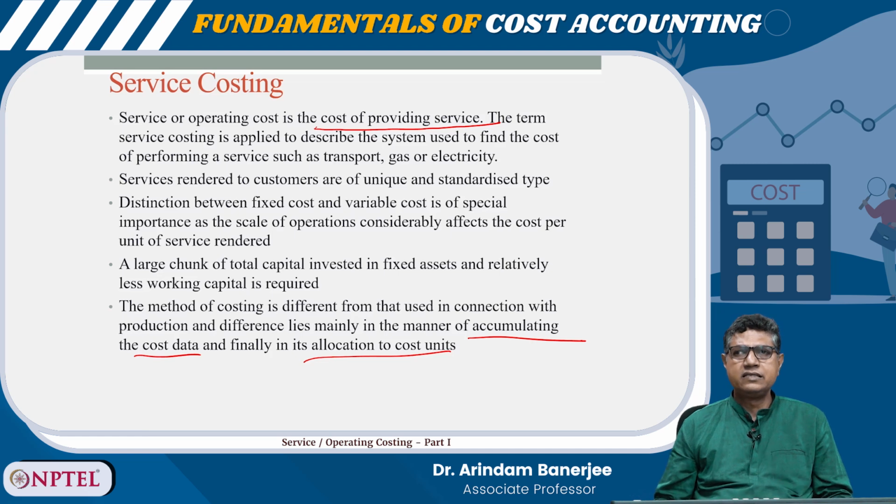The reason is the same as we discussed earlier: we need to determine the cost because we have to do pricing, and we should know how much we are incurring for generating one unit of service. And at the end of the day, our business should be profitable.